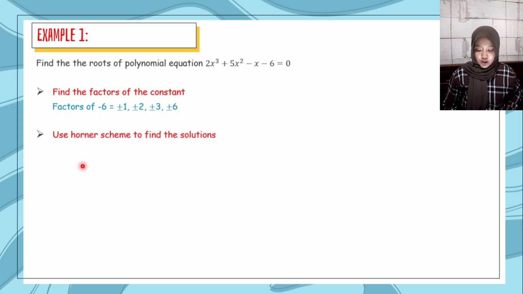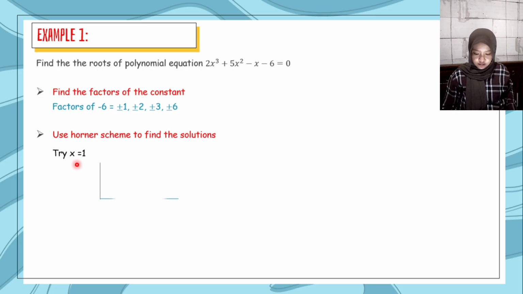Step 2, we can use Horner's scheme to find the solution. From the factors of minus 6, we can try one of them. For example, we can try x equal 1, and then the method is to place the coefficients and constant of the equation in the top row.